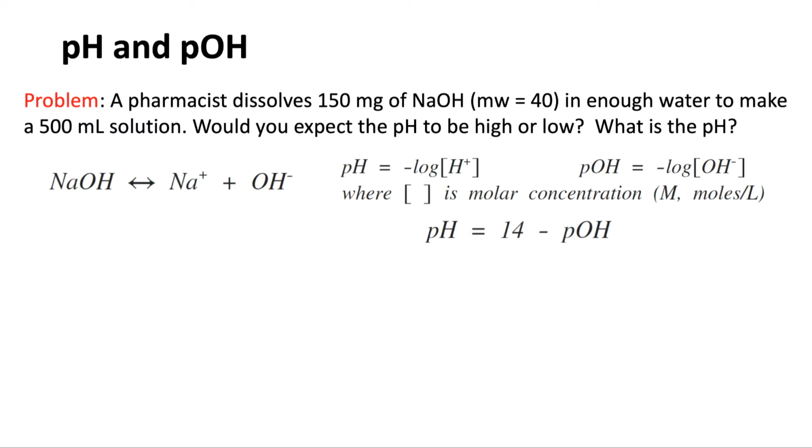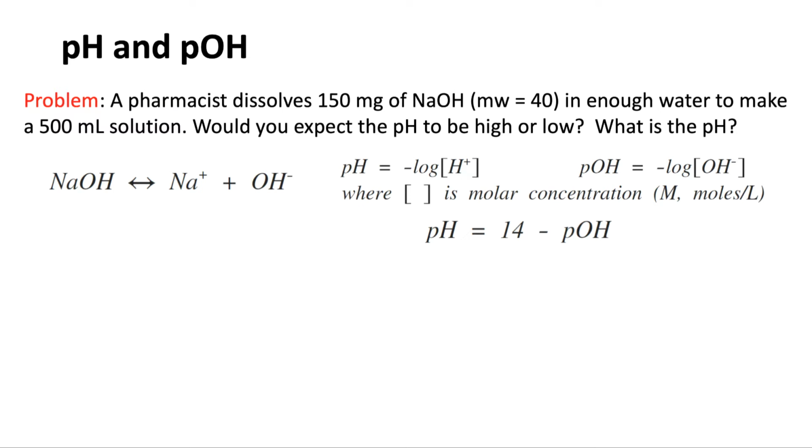These concentrations are going to be expressed in molar concentration, and that's important. The number we put in there has to be in units of moles per liter, or capital M standing for molar. So again, pH is the negative log of the molar concentration of the hydrogen ion, and pOH is the negative log base 10 of the hydroxide ion in moles per liter.